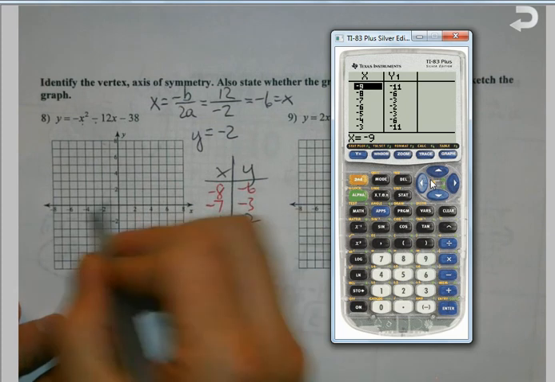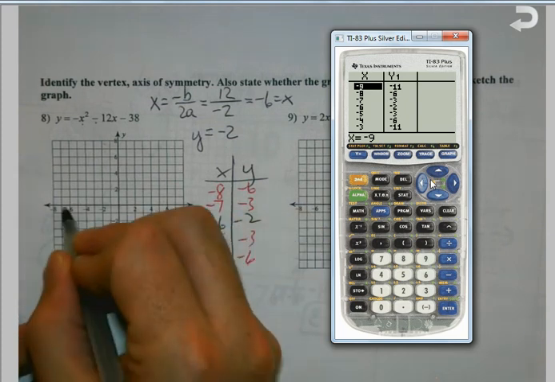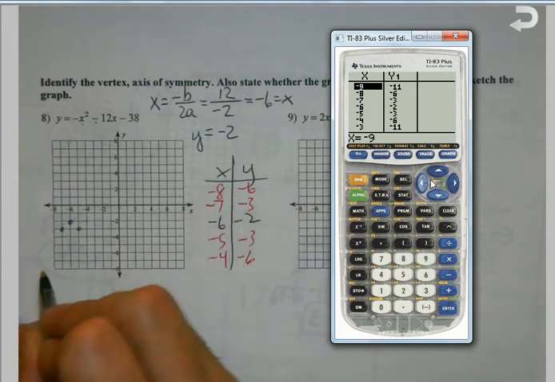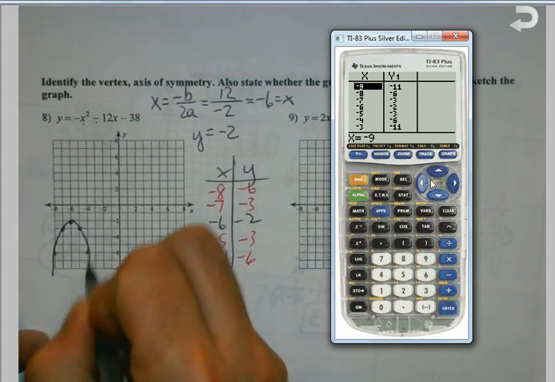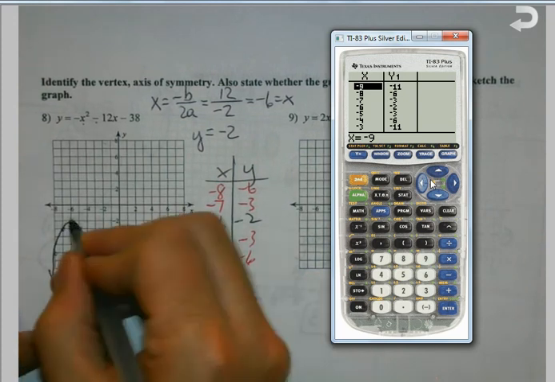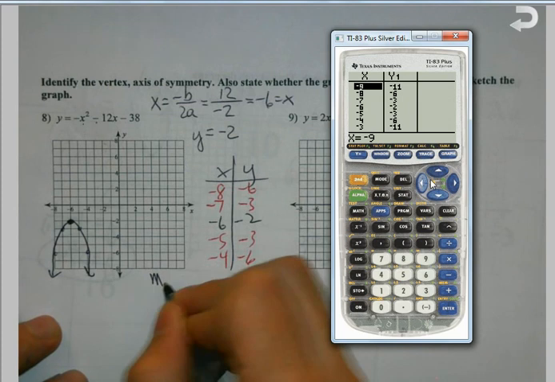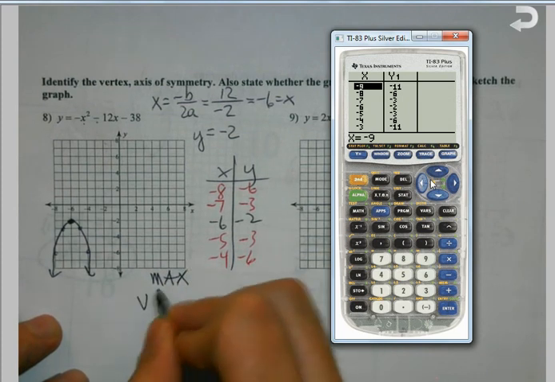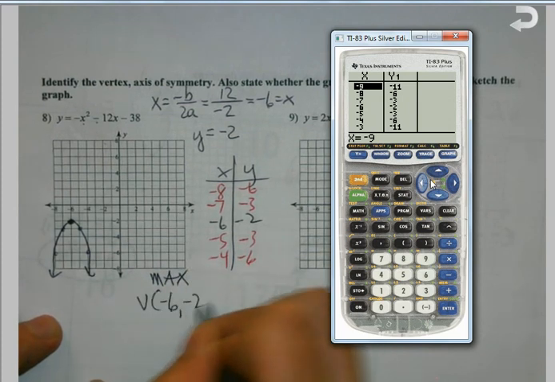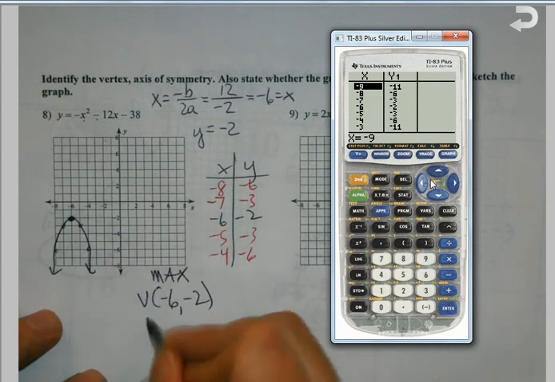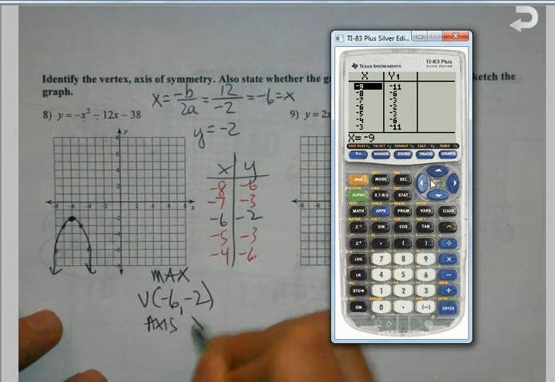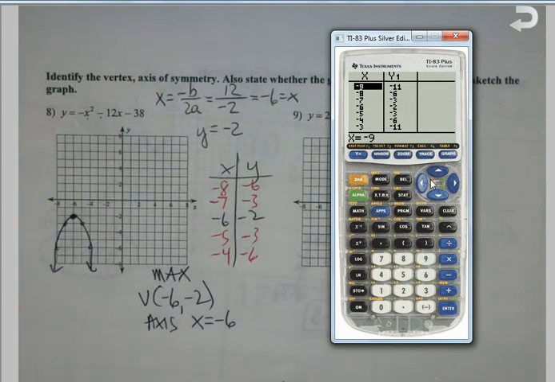Plot my points. Get those in. I see that it opens down, which means it has a max. I have a vertex at -6, -2. And my axis of symmetry, as always, just goes along with the x value of my vertex.